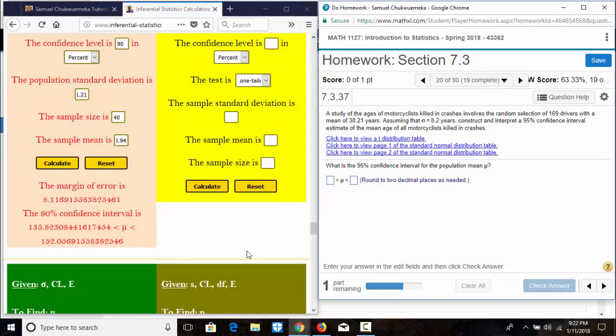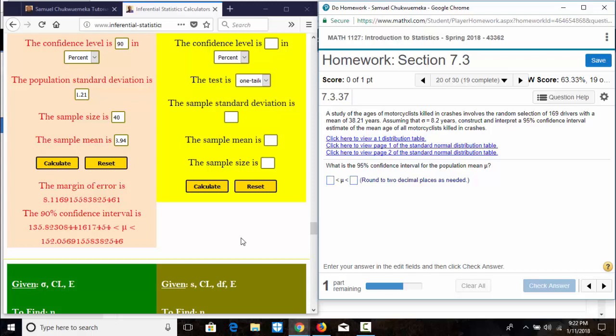Question 20, my turn. A study of the ages of motorcyclists killed in crashes involves the random selection of 169 drivers with a mean of 38.21 years.